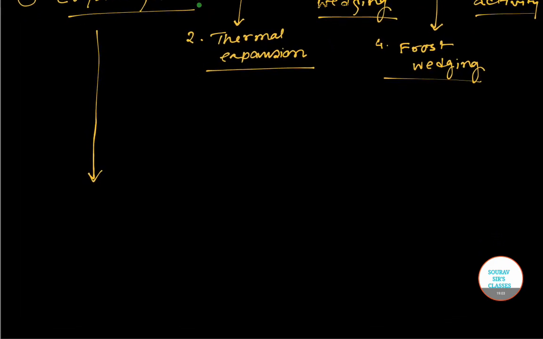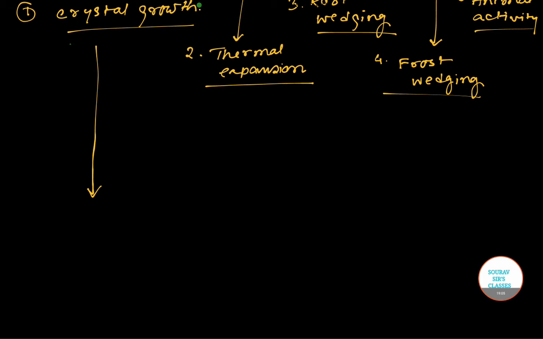So this is crystal growth that I'm trying to tell you in short. So when rocks break, well, I would like to give it a subheading because otherwise it will be difficult for me to understand you later. So this is crystal growth.